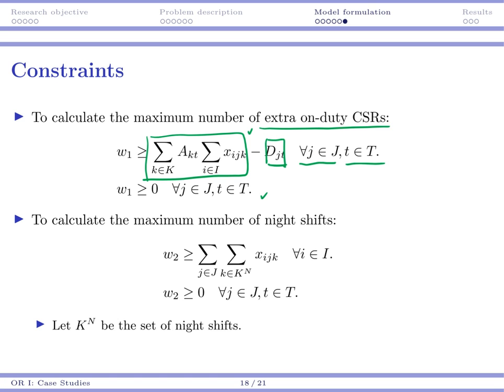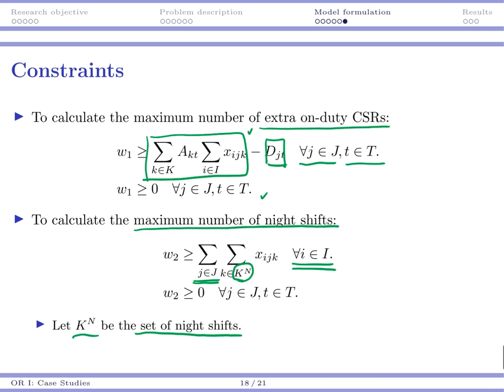Finally, if we want to calculate the maximum number of night shifts, then among all workers, for each CSR, we count the number of days where this particular person is taking a night shift. So here we need another notation. Kn is defined as the set of night shifts. So you have several shifts. Some of them are night shifts, some of them are not.